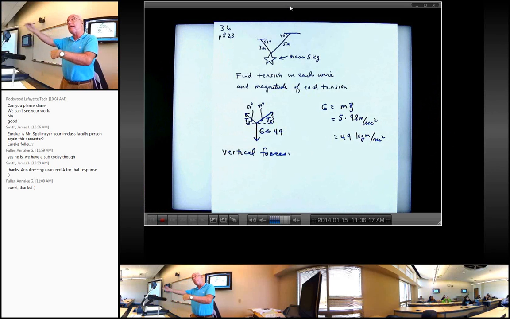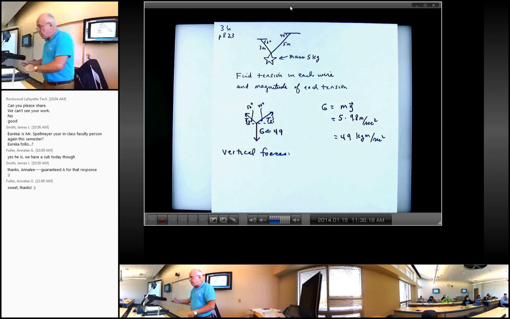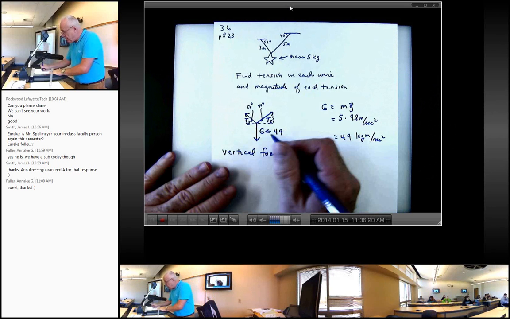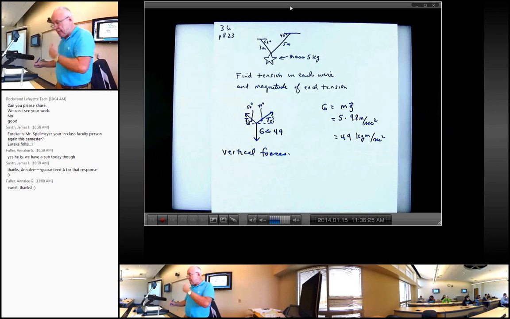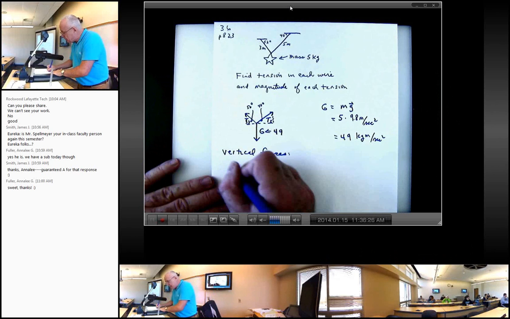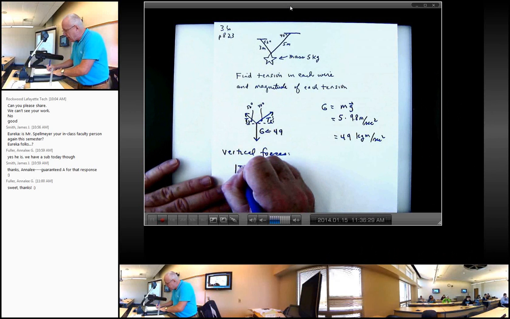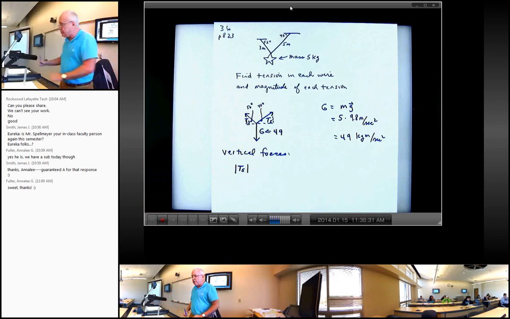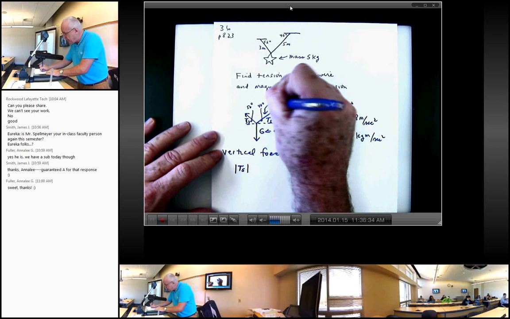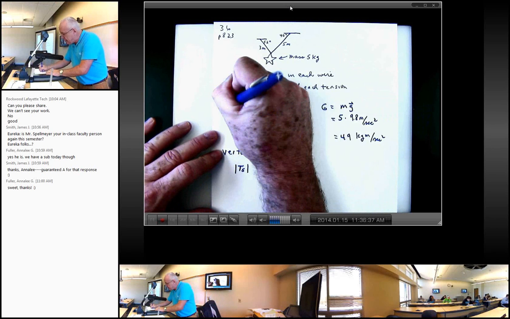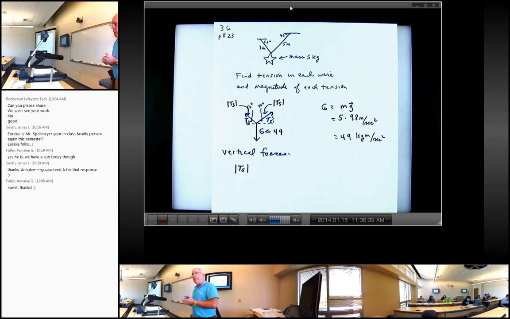We don't yet know the magnitude of this tension, so I'm going to say this. We have the magnitude of T5, whatever that tension is. This length here is magnitude of T5. This length here is magnitude of T3.